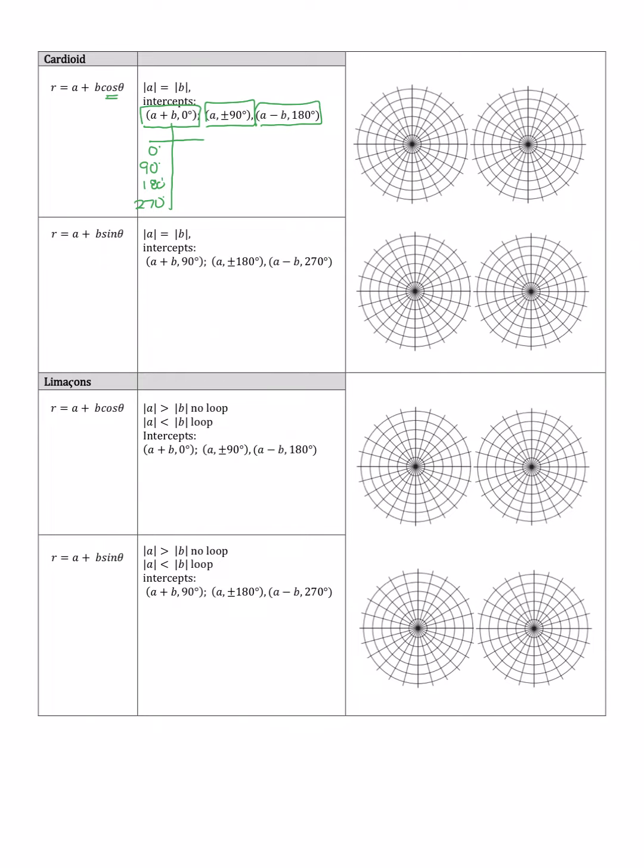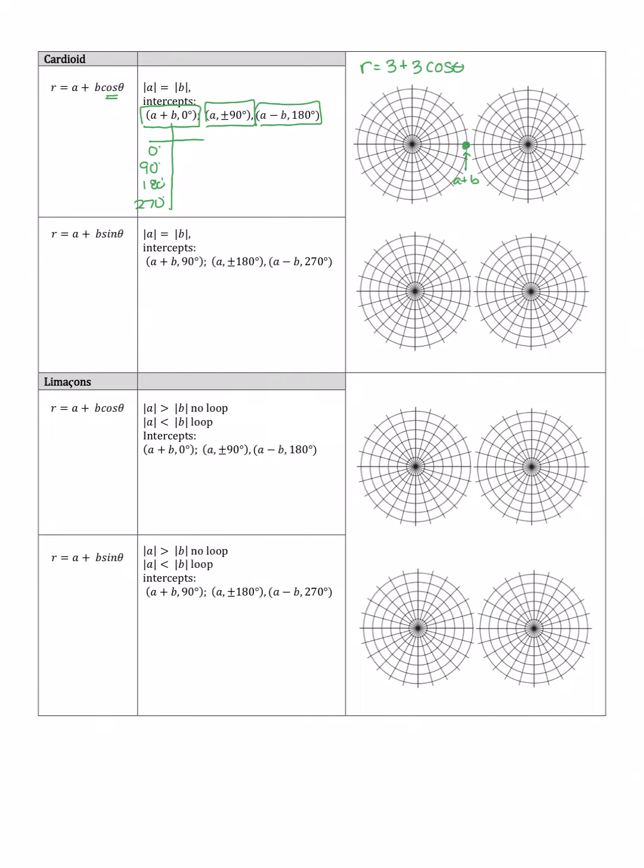So if I give you, cardioid A and B are the same. So if I give you 3 plus 3 cosine theta, so 3 plus 3 is 6. 1, 2, 3, 4, 5, 6. So I start here. So this represents A plus B. Regardless of whether A or B is negative, you ignore that. You look at it in absolute value.